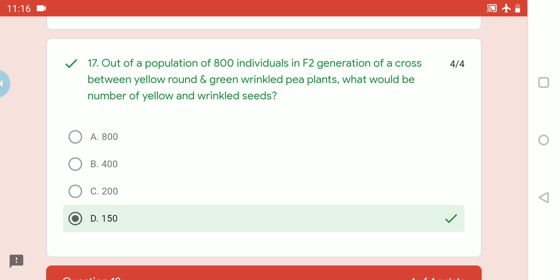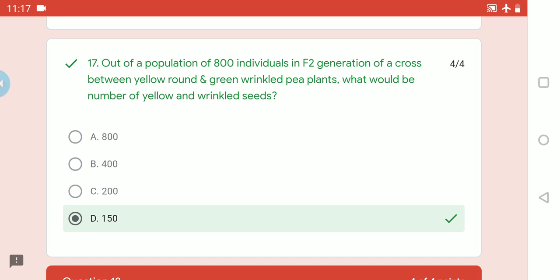Whatever they have mentioned, write down as it is. Green means you should know first of all how to write this one. So just to confuse, they have given yellow round, which is nothing but round yellow, that's it.